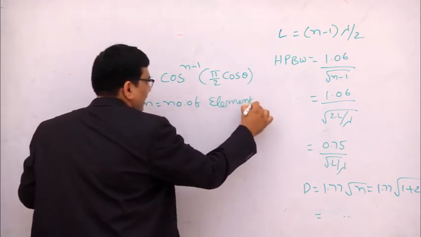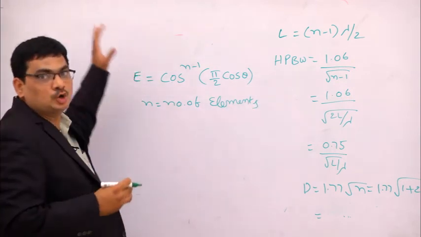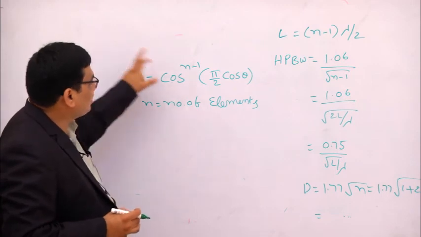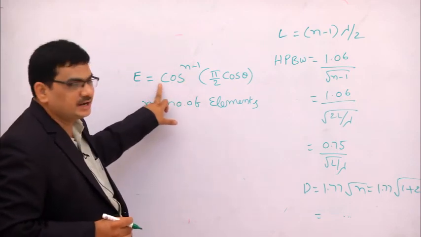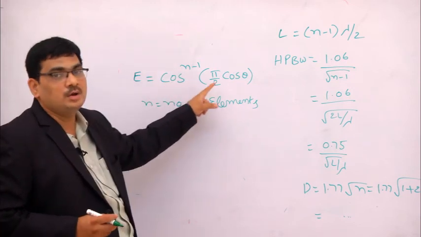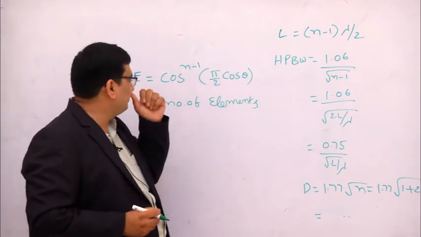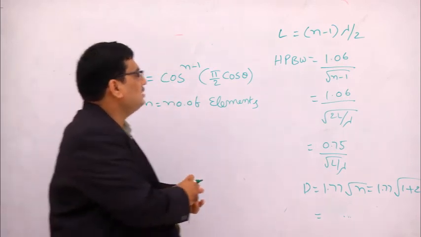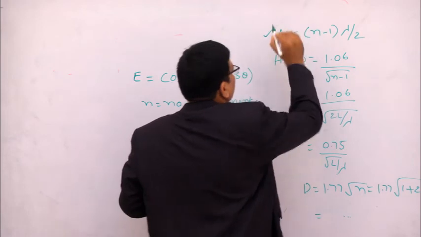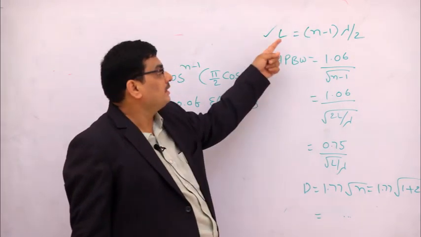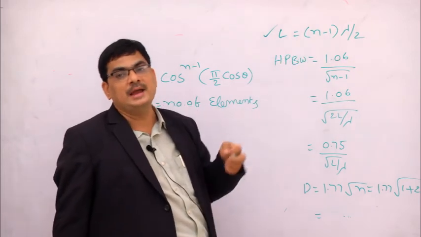In the Pascal triangle, we have written n is equal to 1, n is equal to 2, up to n is equal to 6. If you substitute the n value, you can get the total radiation pattern. Suppose n is equal to 3, you get cos square of pi by 2 cos theta. If you substitute the maximum and minimum conditions, you can get the maximum conditions. And the length of the binomial array is L is equal to n minus 1 into lambda by 2.